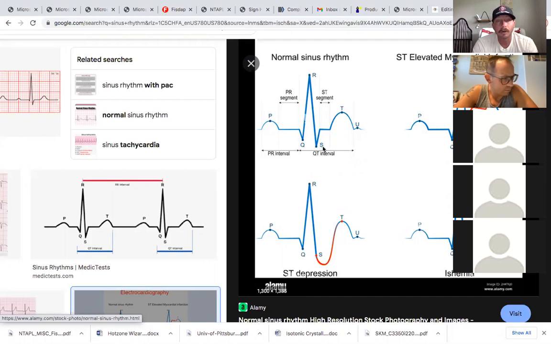And when our QRS is apparently wide, we jump up to V1 and we look for that terminal wave in your QRS, meaning where that QRS ends, right? What wave the ventricular depolarization ends in. And if it ends in a terminal R wave, right, R for right, we've got a right bundle branch block.